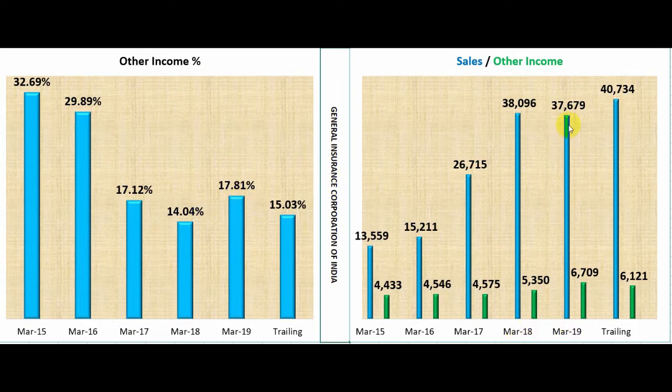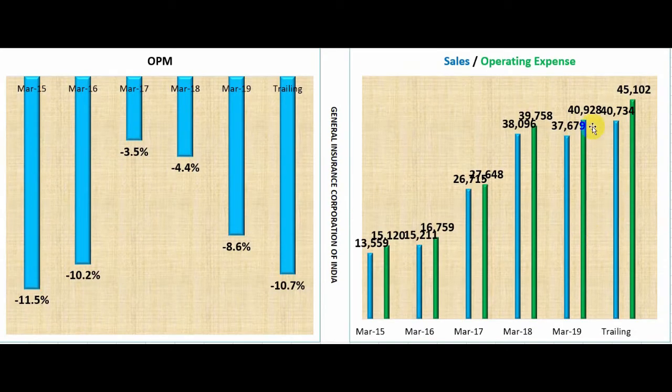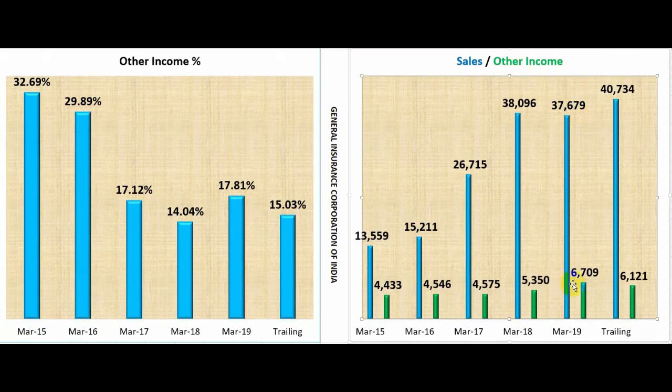In March 19, the total sales was around 37,000 crores, against which the other income contributed 6,709 crores. We saw earlier the expenses for the company in 2019 was around 40,000 crores, whereas through other income it has generated 6,709 crores. That's 17.81% of the sales. So most of the time this company has been earning its profits through other income.